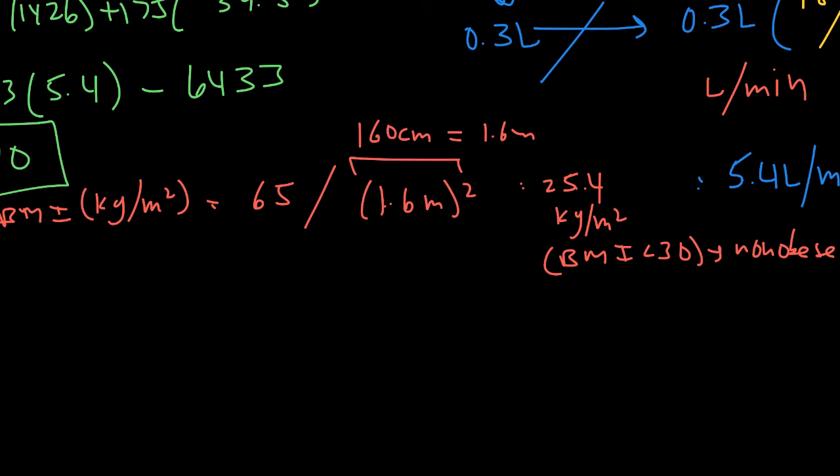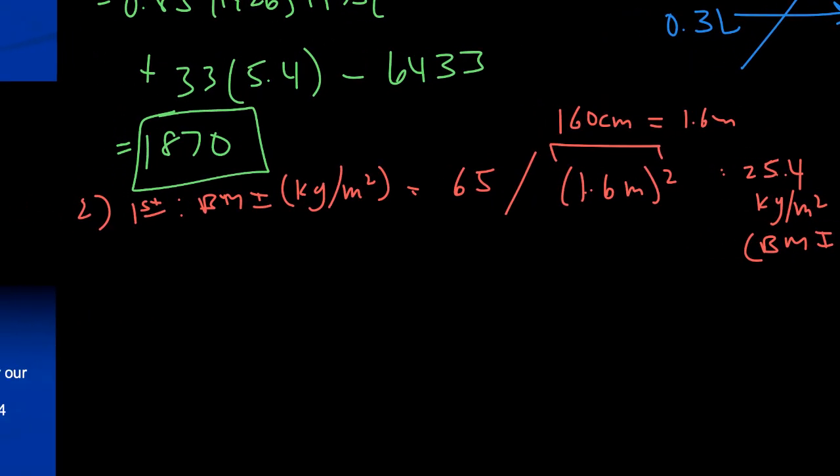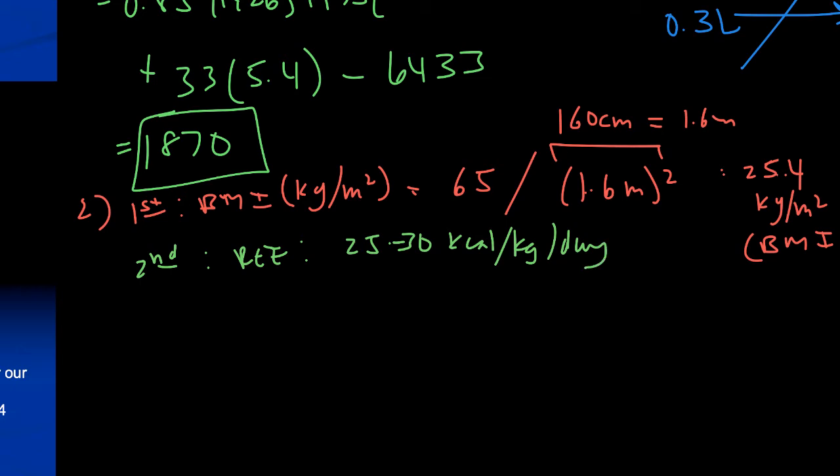Non-obese. So that means her resting energy expenditure is 25 to 30 kcal per kilogram per day based on actual body weight, using the actual body weight.